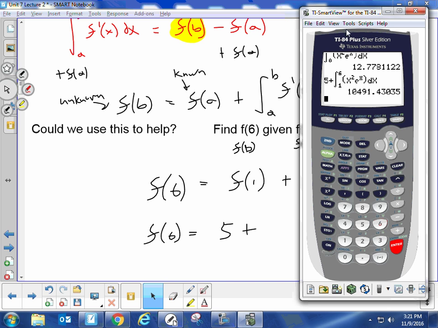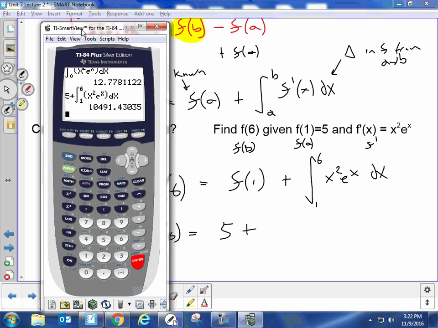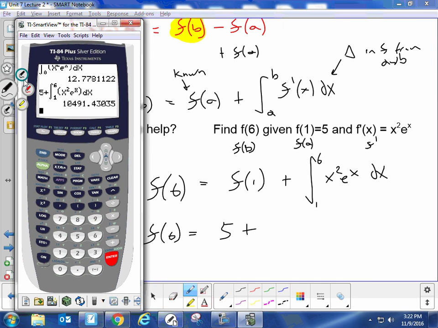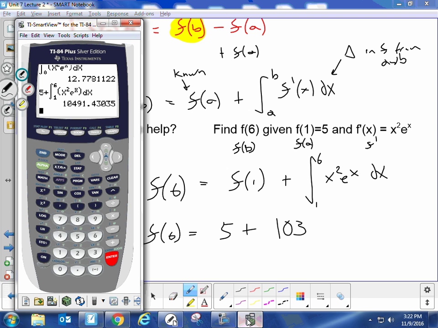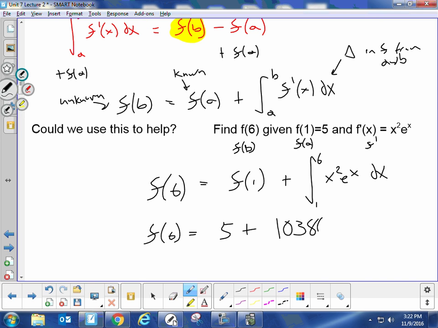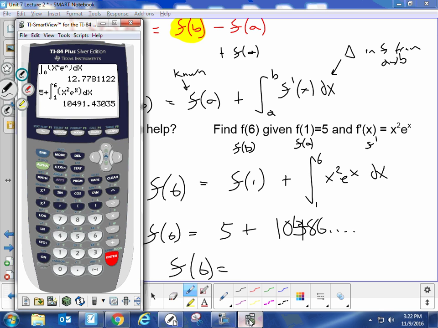And I get 10,491.435. So f of 6 is 10,491.